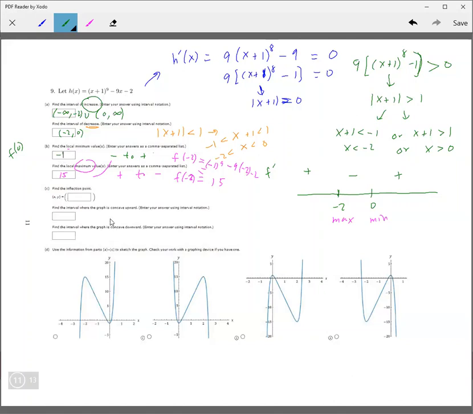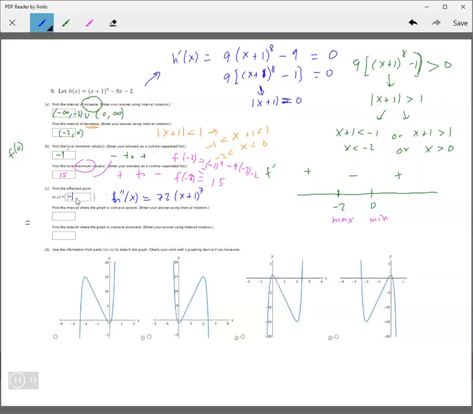Okay. And then for the inflection point, here we take the second derivative. We got the first derivative right here. For the second derivative, you have an 8 come down. So 8 times 9 is what? 72. (x plus 1) to the 7th. And then this goes away. Okay. So at -1, you're going to have an inflection point.